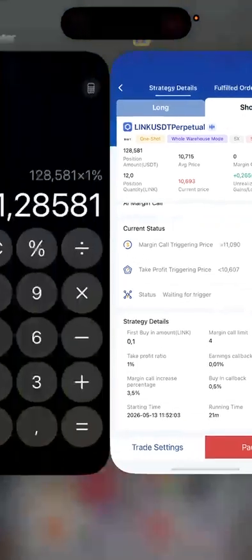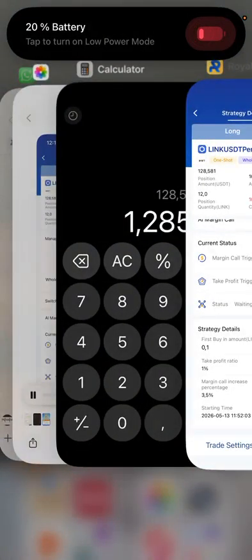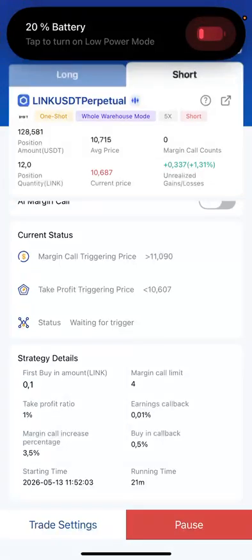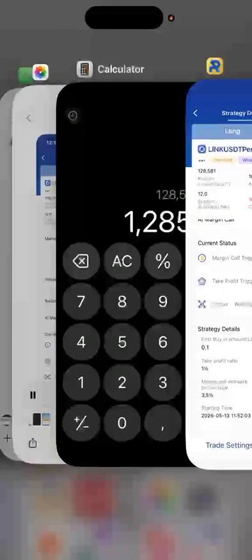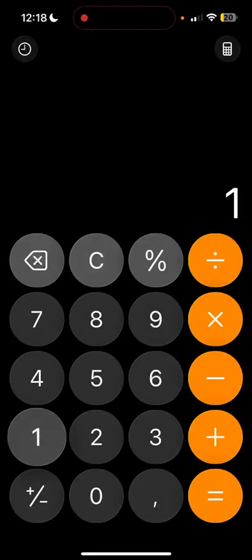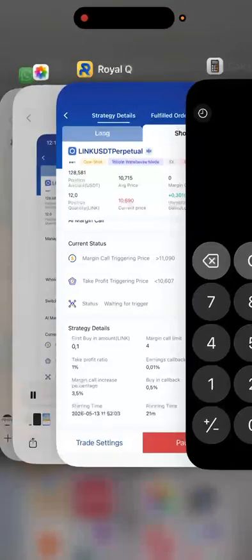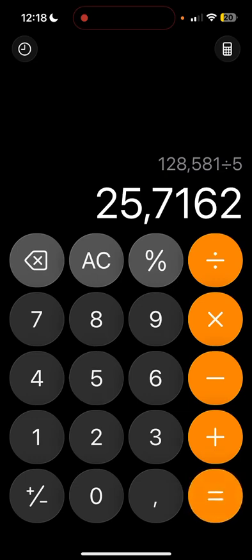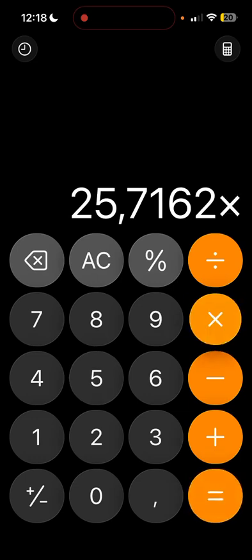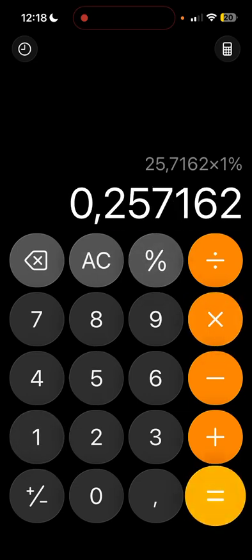Meanwhile, my actual capital in the trade is 25 and not 128. My actual capital is 128.581 divided by 5. So should I multiply this by 1%? I'll get 0.25. Do you get it?